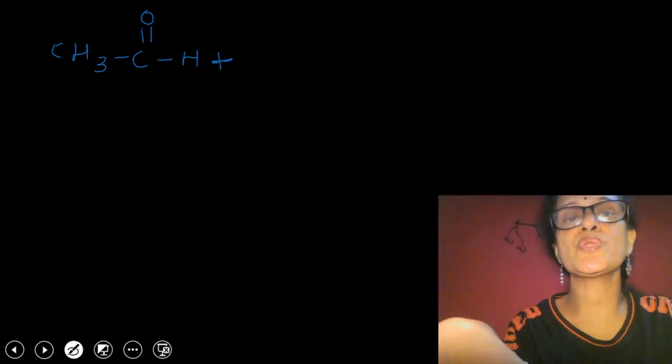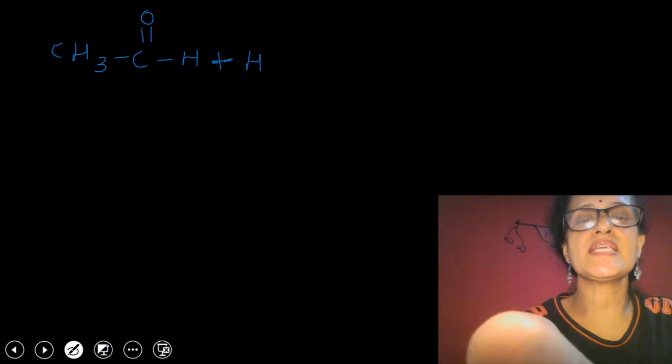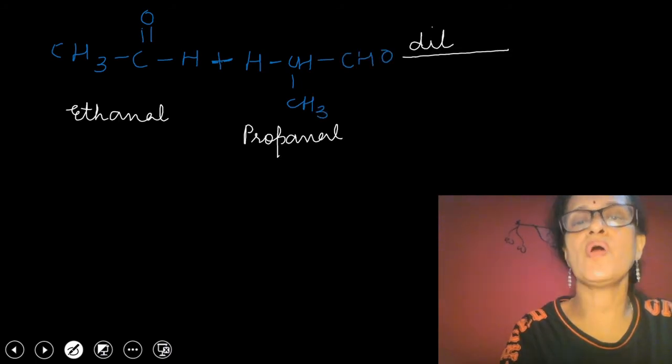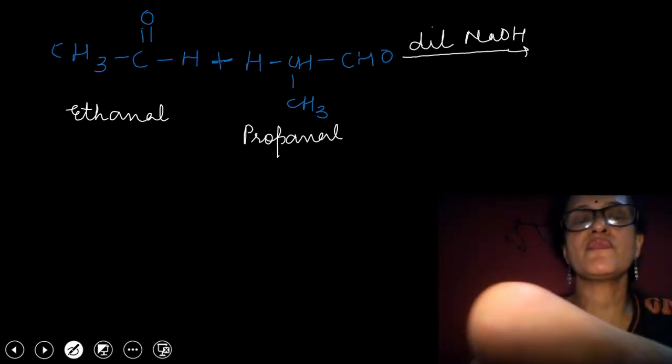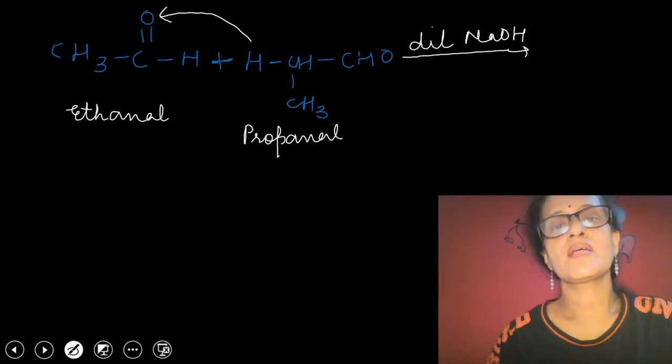I have to show the alpha hydrogen atom clearly. So I am writing H, CH, CH3, CH2, CHO. So on reaction with a dilute alkali like dilute NaOH, the alpha hydrogen atom of the second molecule, which is propanol here, attaches itself to the carbonyl oxygen of the first reactant.